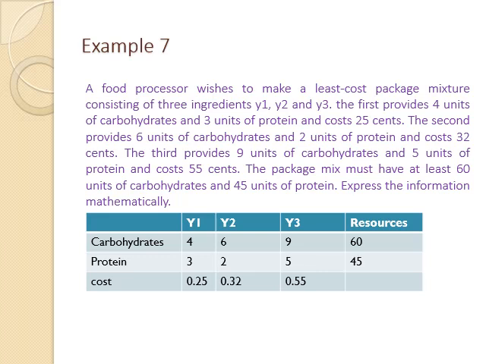There are 3 decision variables: y1, y2 and y3. y1, as shown in this table, requires 4 units of carbo and 3 units of protein. y2 takes 6 units of carbo and 2 units of protein, while y3 demands 9 units of carbo and 5 units of protein.